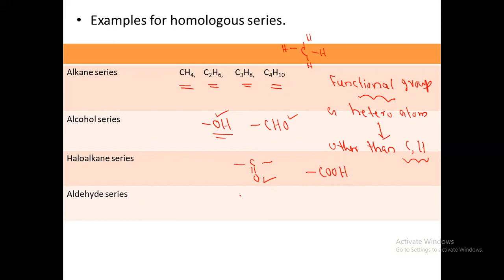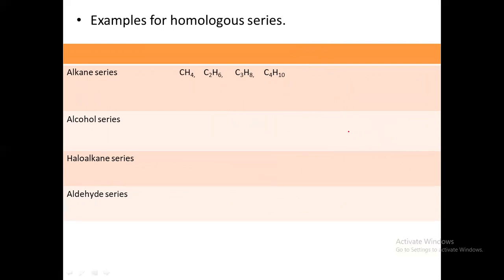Then halogens like Cl, Br are all heteroatoms. Understood? So any group containing a heteroatom other than carbon and hydrogen, we call a functional group. Now, how do we write a series with a functional group? The first thing to remember is that the functional group comes by replacing hydrogen.